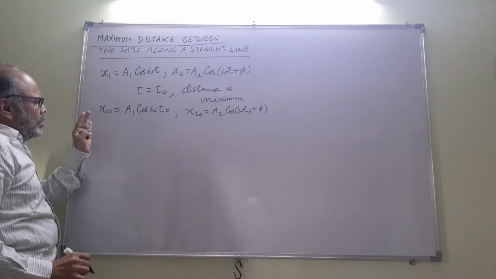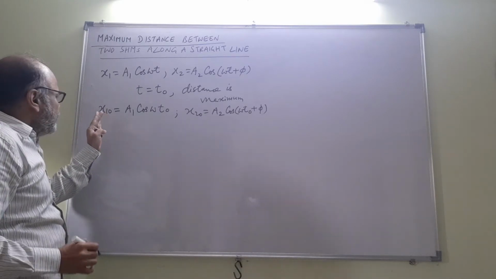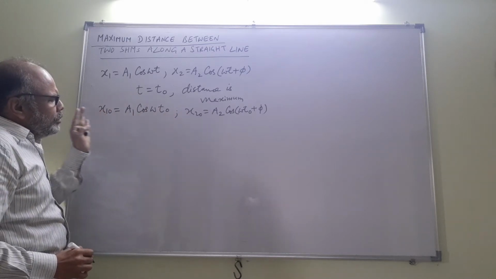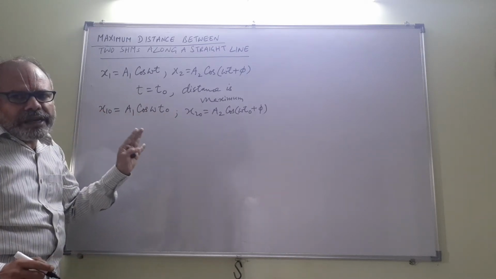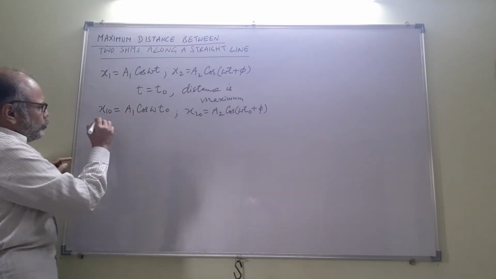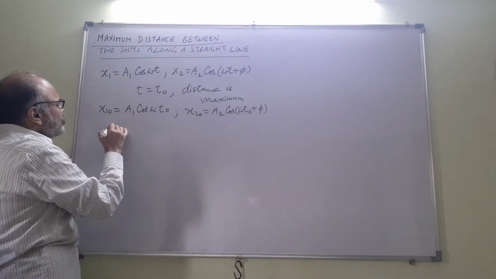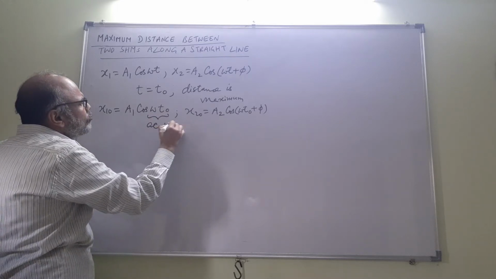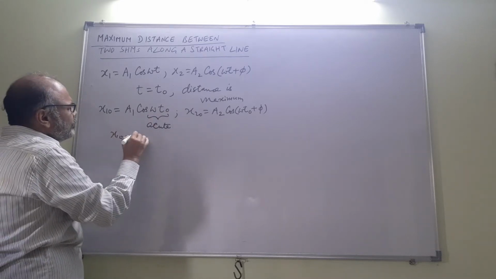Now we can see that x1 naught and x2 naught need not be on the same side of the mean position. If we assume omega t naught to be acute, x1 naught will be positive.